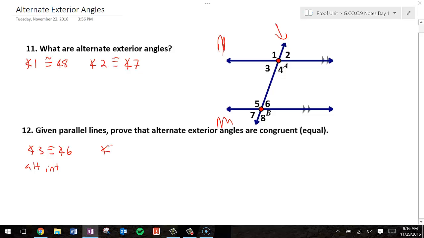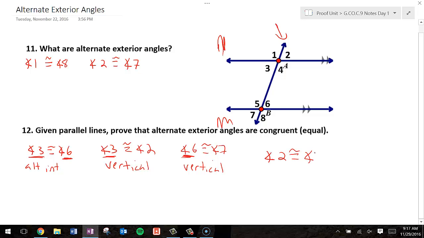Well, angle 3 is congruent to angle 2 by vertical angles, and we know that angle 6 is congruent to angle 7 by vertical angles. Using substitution, taking this 3 and substituting in angle 2, taking this 6 and substituting in angle 7, we end up with angle 2 congruent to angle 7 by substitution.